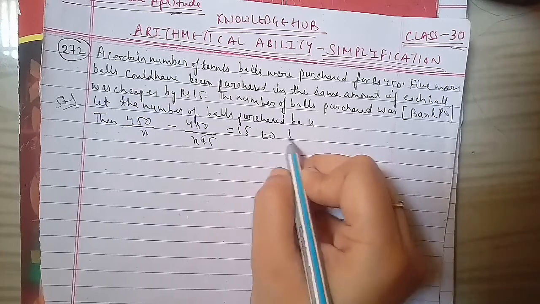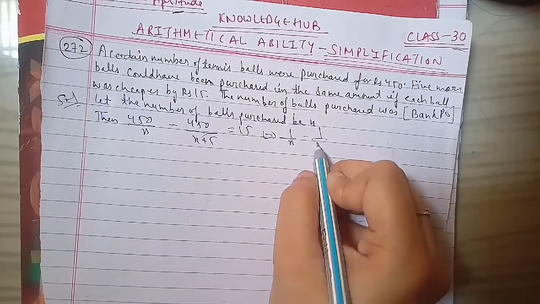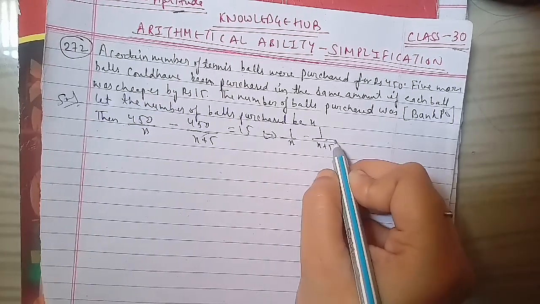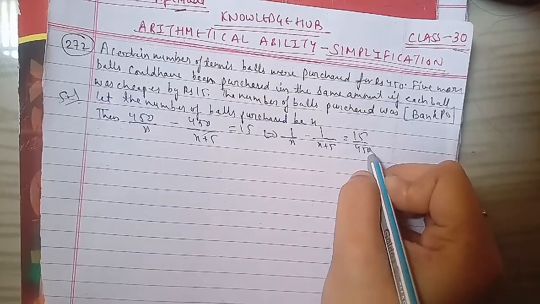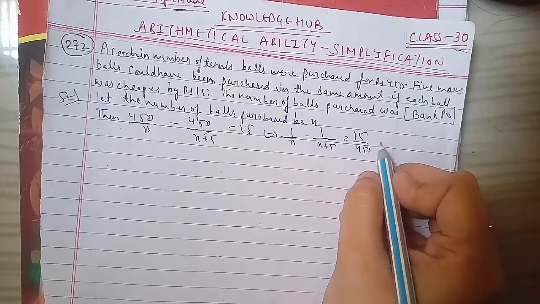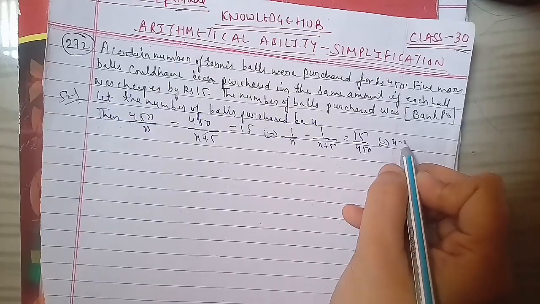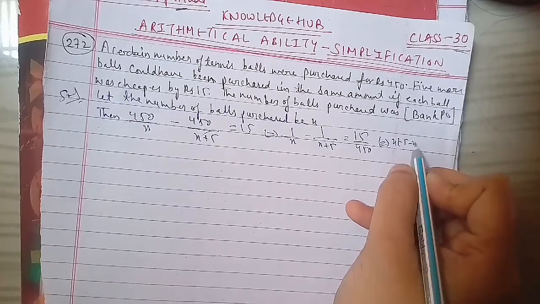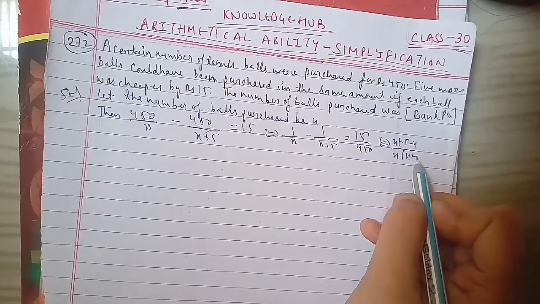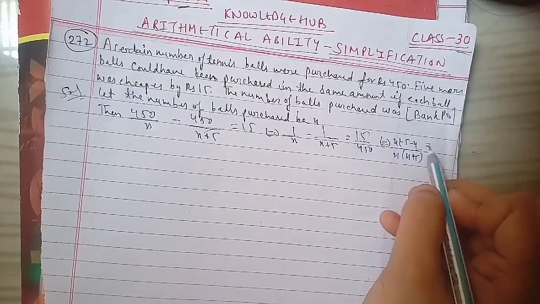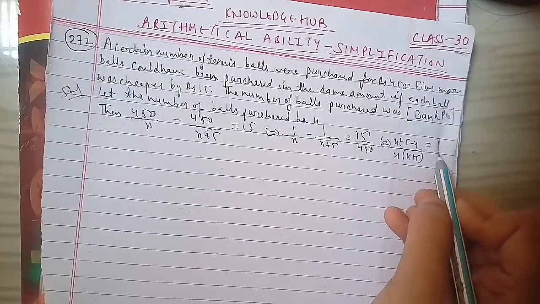Then 1 upon X minus 1 upon X plus 5 equals 15 upon 450. Then further, X plus 5 minus X upon X into X plus 5 equals 1 upon 30.